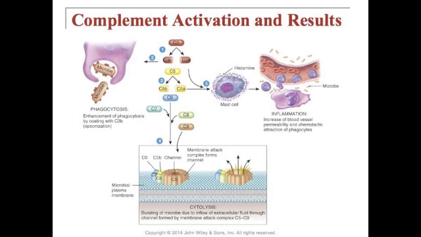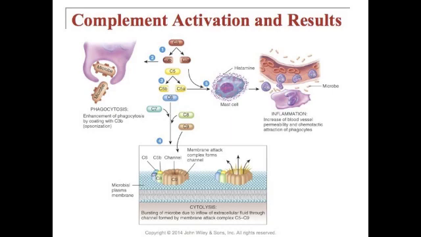Thirdly, C3b also initiates a series of reactions that bring about cytolysis. First, C3b splits C5. The C5b fragment then binds to C6 and C7, which attach to the plasma membrane of an invading microbe.